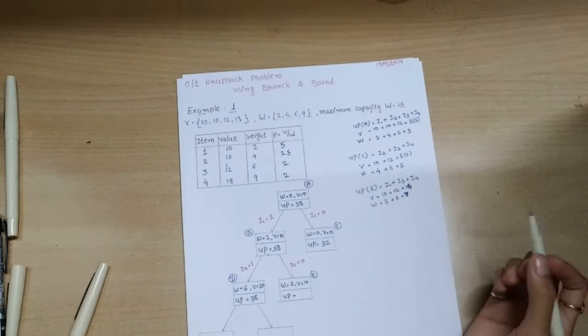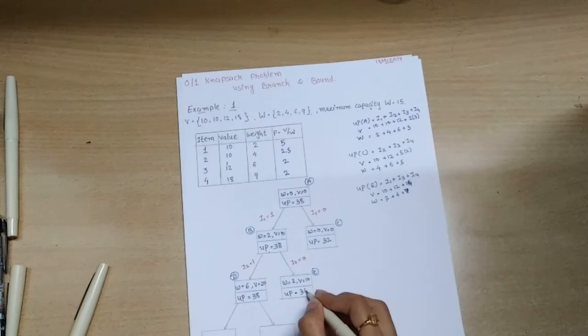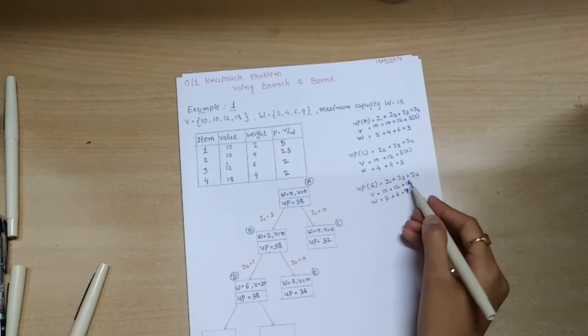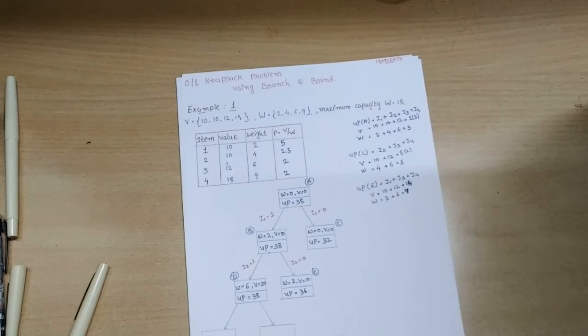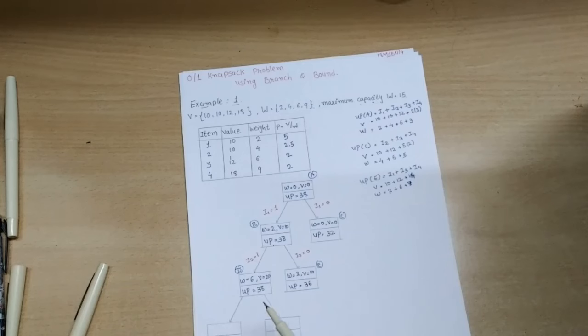According to that, the updated upper bound for node E is 36, that is 10 plus 12 plus 14. Here we are getting the maximum upper bound, so we will explore further nodes.